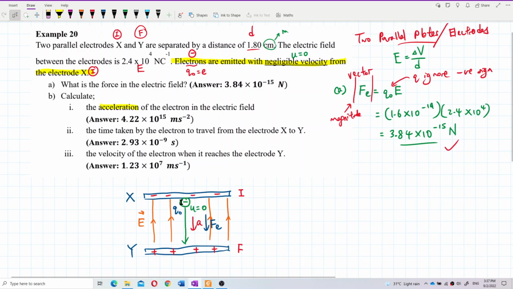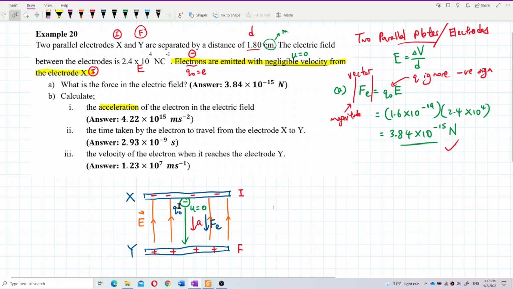So this test charge is an electron, a negative test charge, so the force and electric field are in opposite directions. My force is downward and the electric field is upward. So my diagram is correct already.